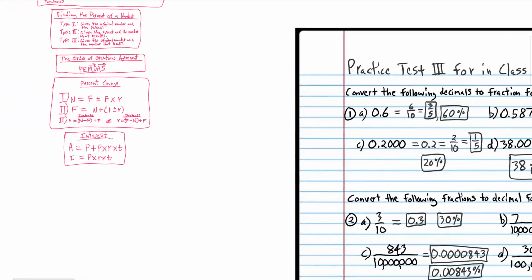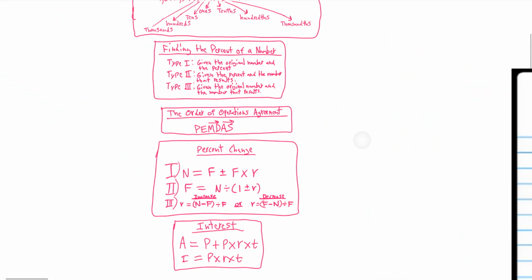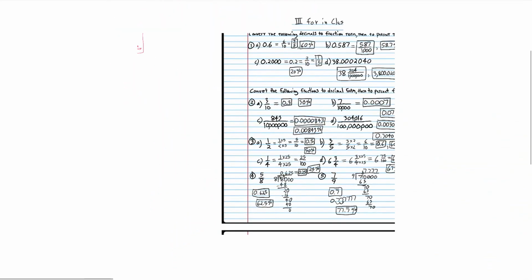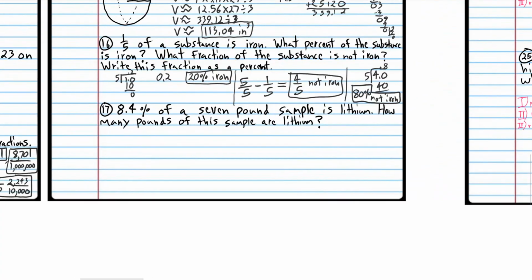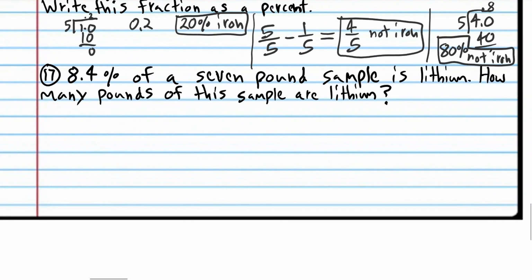Don't confuse the percent change problems with just the basic finding the percent of a number. So these are the basic finding the percent of a number problems, and these are the percent change problems. The percent change problems are more complicated than the simple problems where you're just finding the percent of a number. But there are 3 different types of these problems.